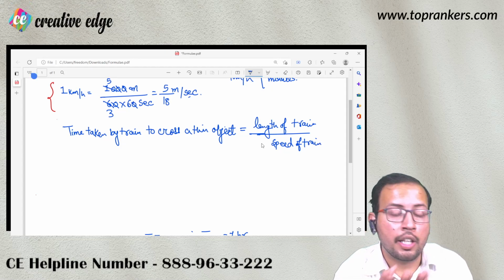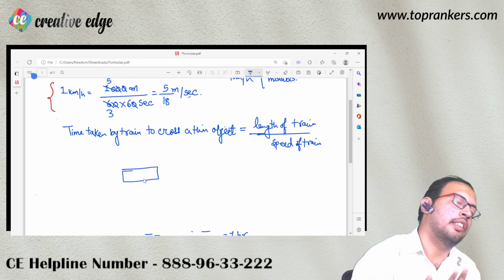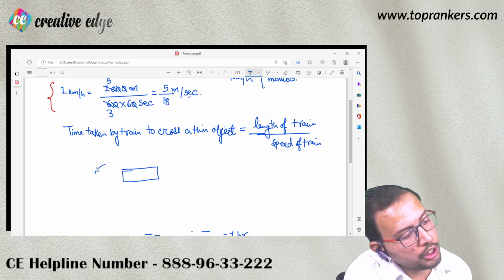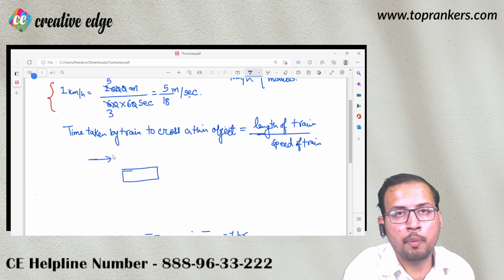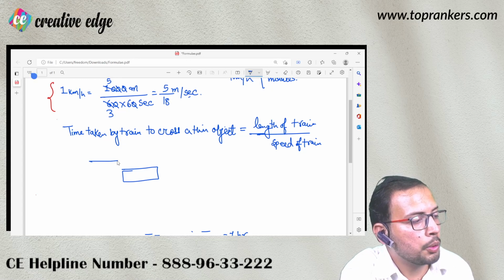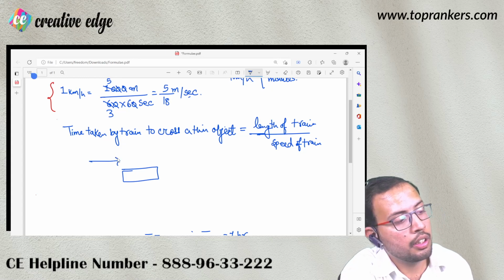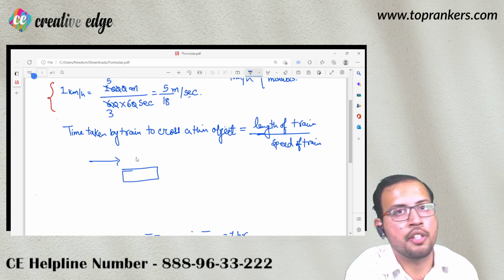But suppose another scenario that there is this platform to which this train wants to cross. अब आपके पास एक प्लेटफॉर्म है टू विच दिस ट्रेन वांट्स टू क्रॉस. तो यहां पर आपको जो है हाउ मच टाइम इज गोइंग टू बी टेकन बाय ट्रेन टू क्रॉस दिस डिस्टेंस.